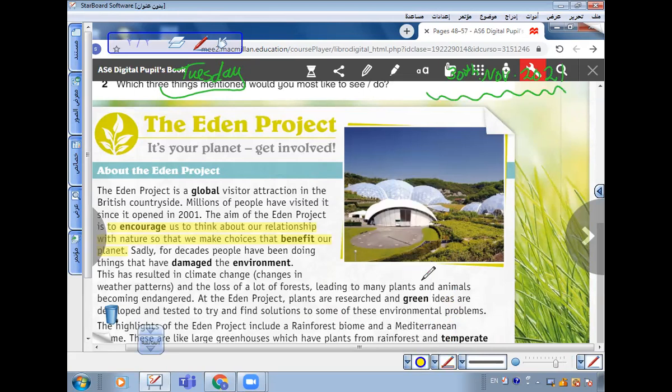Today, inshallah, we'll start with unit number 4. Who can tell me what's the title of our new unit? Get involved. Excellent. Look at the word involved. What does the word involved mean? In English?